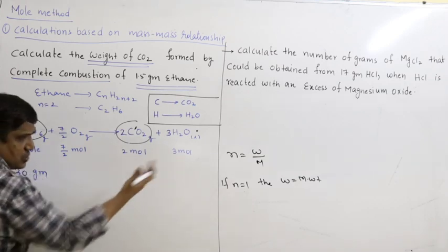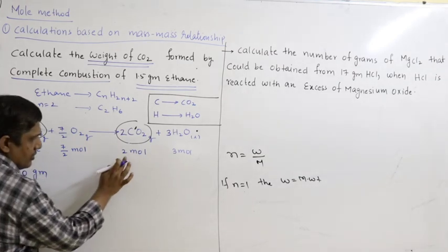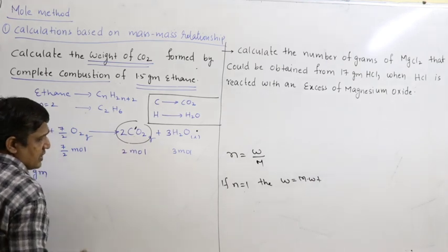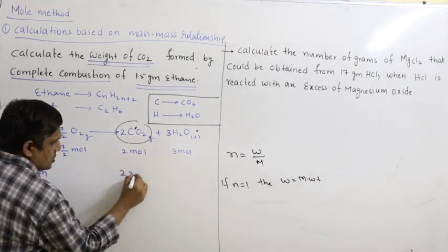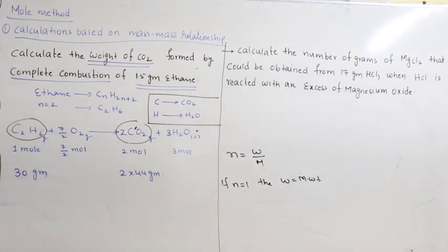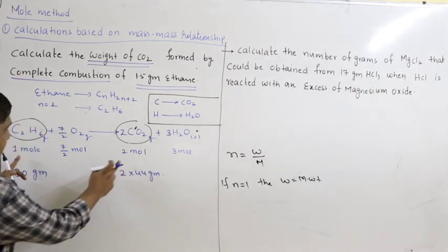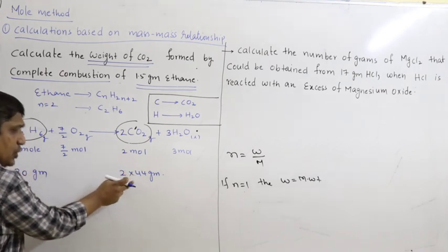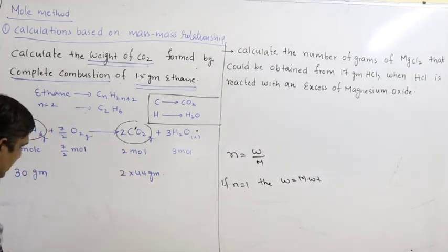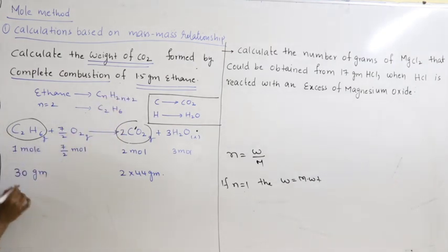We don't require these two, so I am leaving it. 2 moles of CO2. 1 mole of CO2 means 44. 2 moles of CO2 means 2 into 44 grams. So, I have converted the mole-mole ratio into mass by multiplying with the respective molecular weight. Next, what is the mass of ethane given? 1.5 grams. We don't have 30 grams, we have only 1.5 grams.